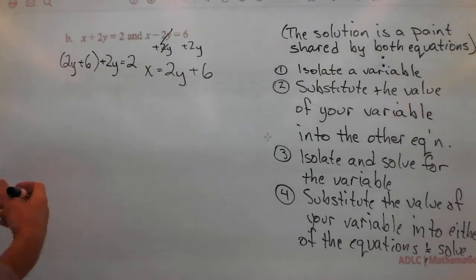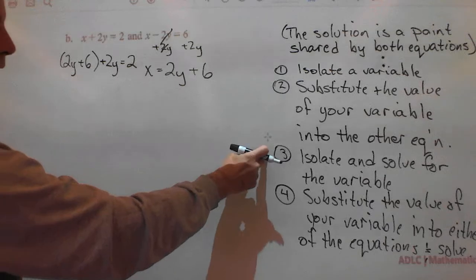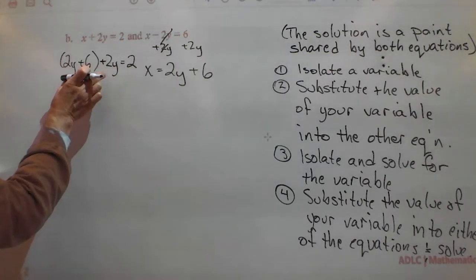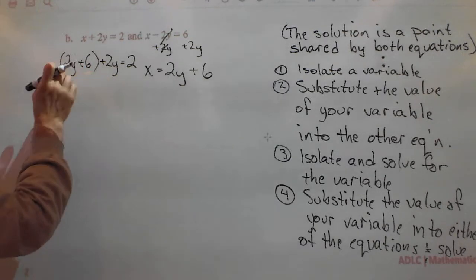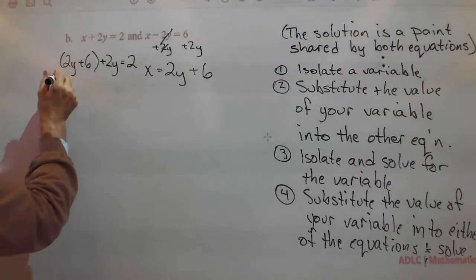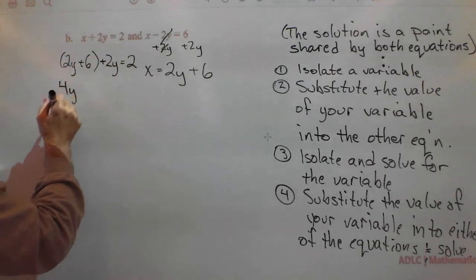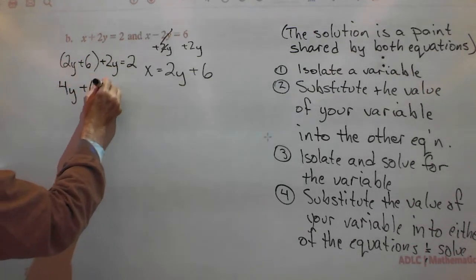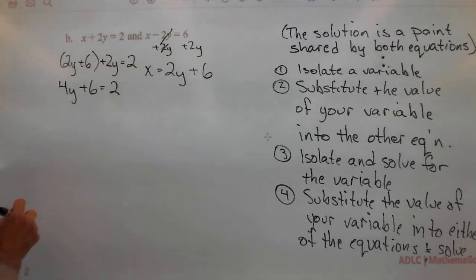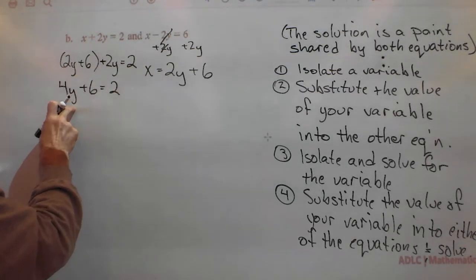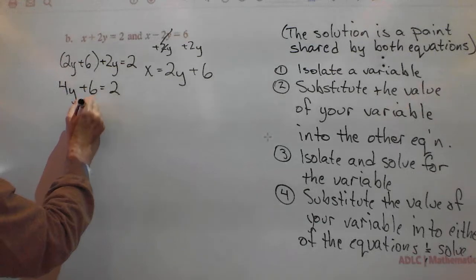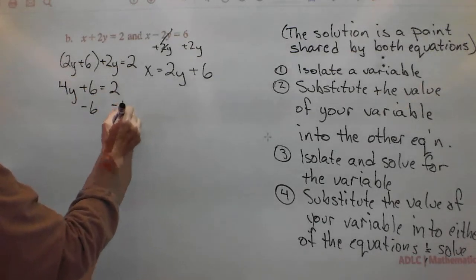Okay? Now, isolate and solve for the variable. So we're going to want to simplify the left side. We have 2y plus 2y, that gives us 4y plus 6 equals 2. We want to isolate y, so we're going to do the adding and subtracting first. We'll take away 6 from both sides.